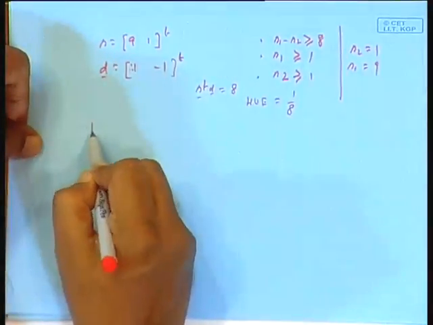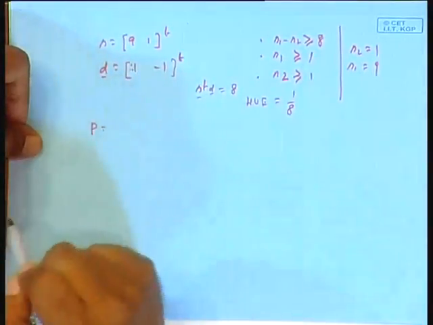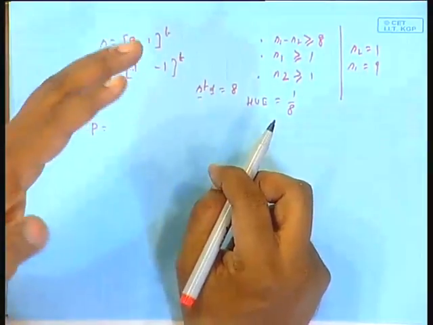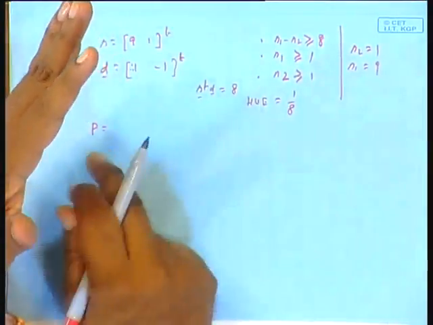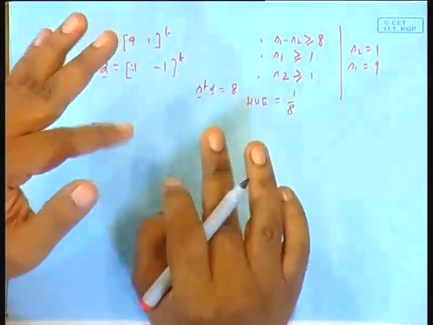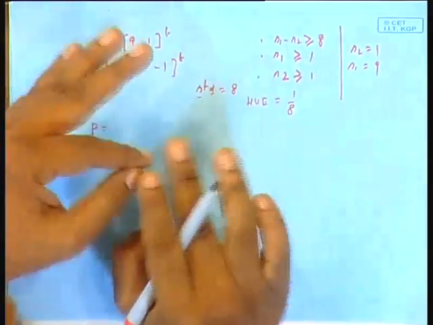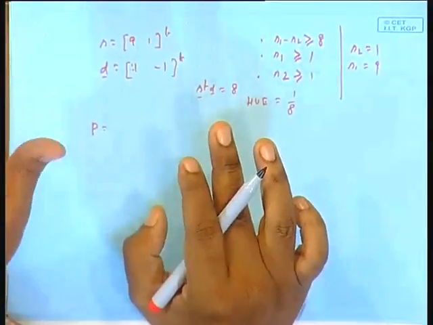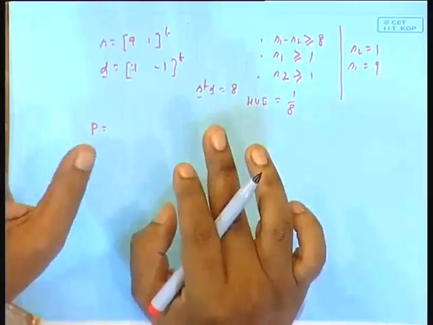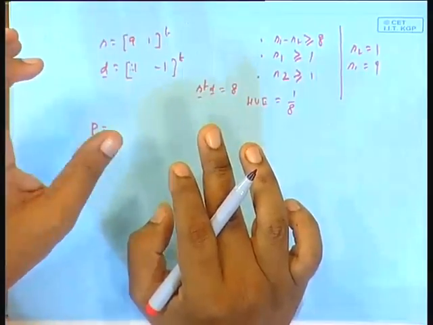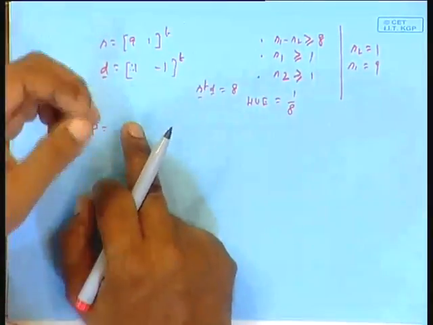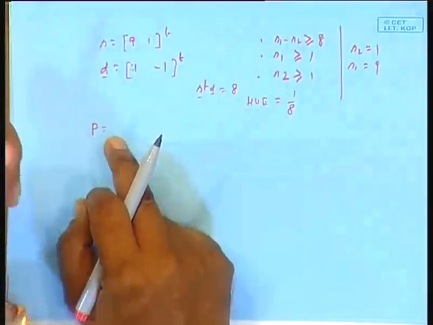Then find out P. P is in general an n minus 1 cross n matrix, in this case 1 cross 2, which is a row vector. In general it is a capital N minus 1 cross capital N matrix, and I said to design the matrix so that there is a square submatrix of size n minus 1 cross n minus 1 which is full rank. In that case D will be nothing but a solution from the null space, and all other solutions will be integral multiples of that.